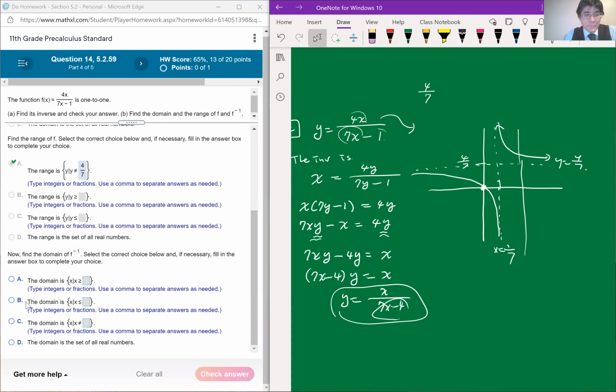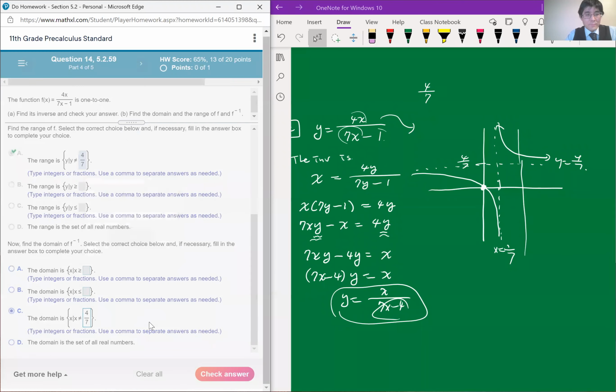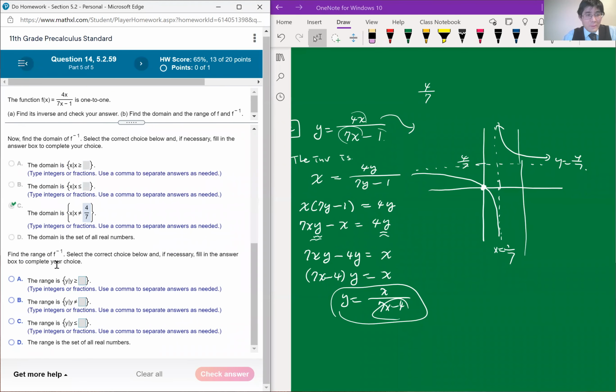So the domain of f inverse is the same thing as the range of f, which is everything except 4 over 7. And the range of f inverse is the same as the domain of the original function, so everything except 1 over 7.